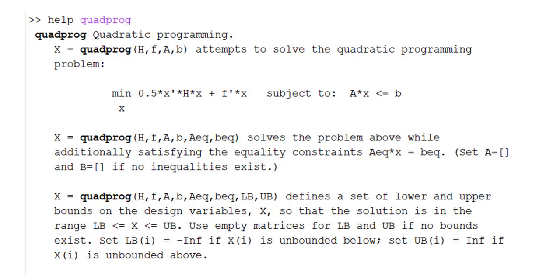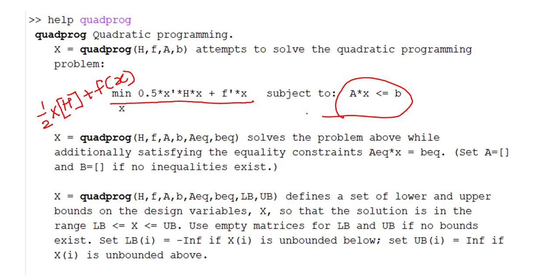In general it has a basic form like this: minimize 1 by 2 x transpose H x plus f of x, where H is the Hessian matrix, and it is subjected to certain constraints which are given here. It may be a maximization constraint or it may be a minimization constraint.